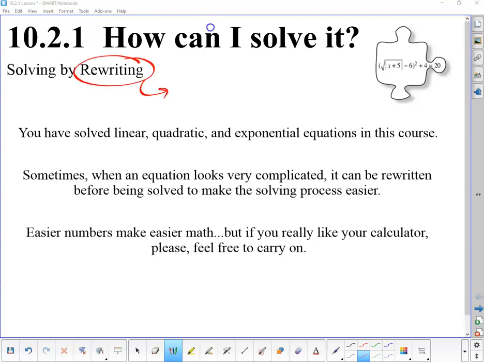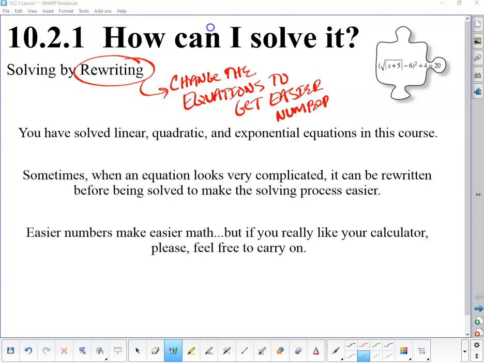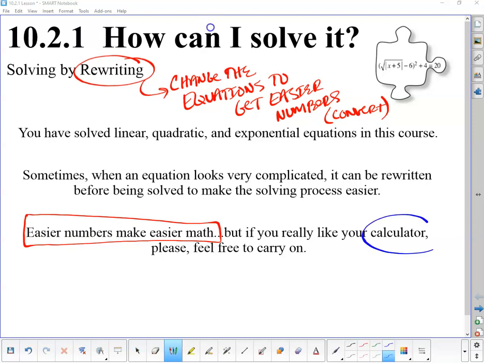Rewriting means we're just going to change the equations to get easier numbers, which means we're going to convert things into smaller, easier numbers, because easier numbers make easier math. But if you like your calculator, feel free to carry on and just do what you do.